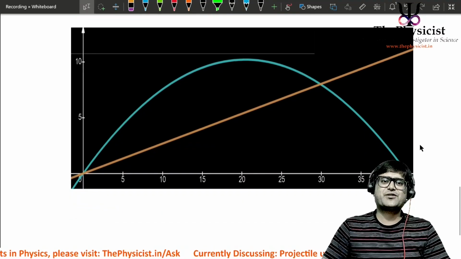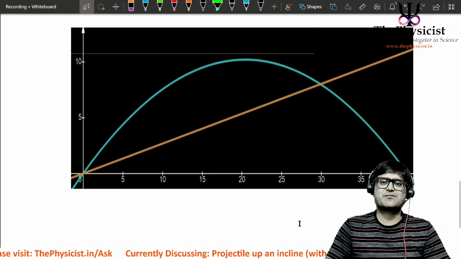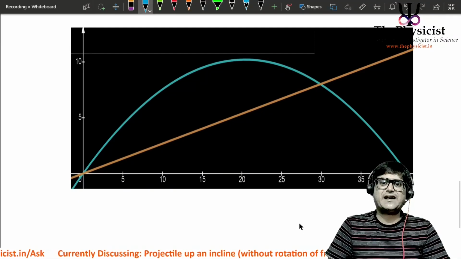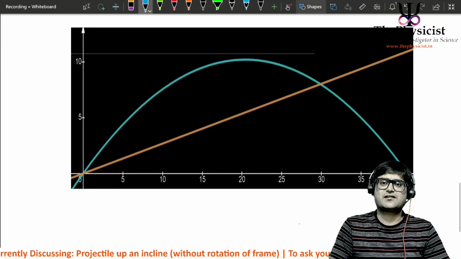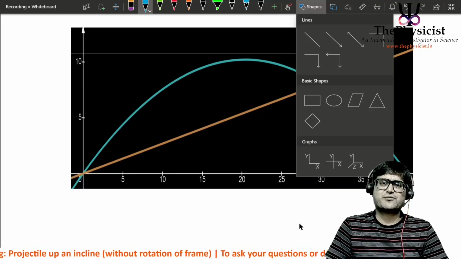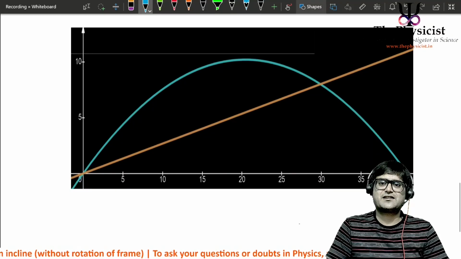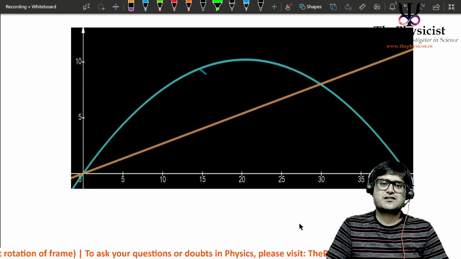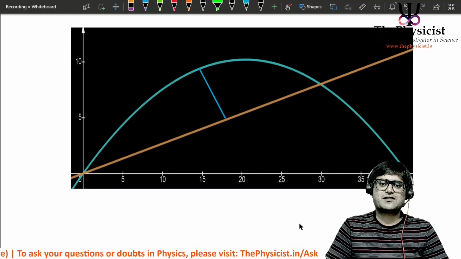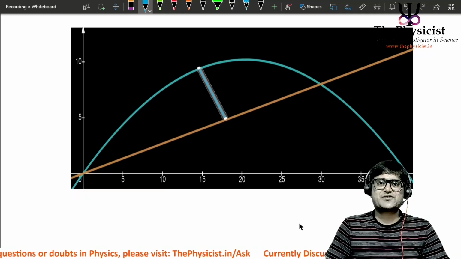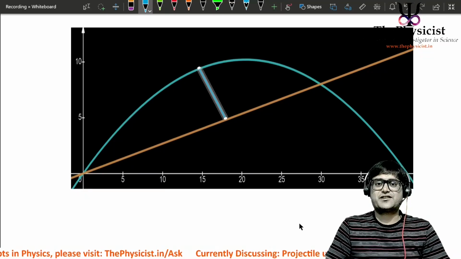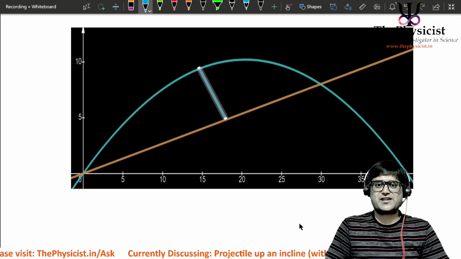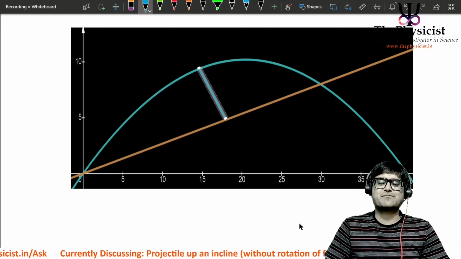When do you think the height is maximum? The maximum height above the incline would be somewhere here, let's say, where the displacement of the projectile with respect to the incline is the maximum.